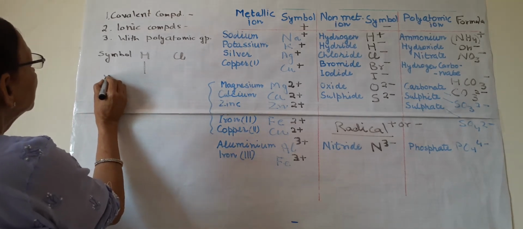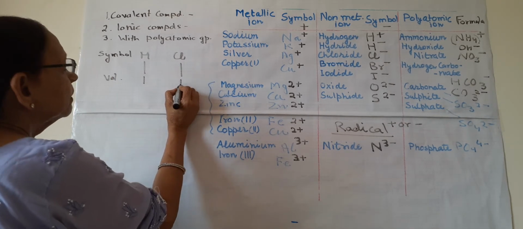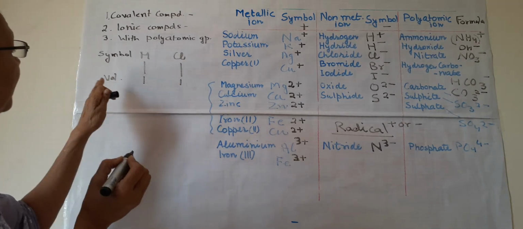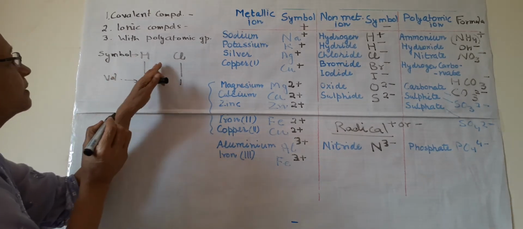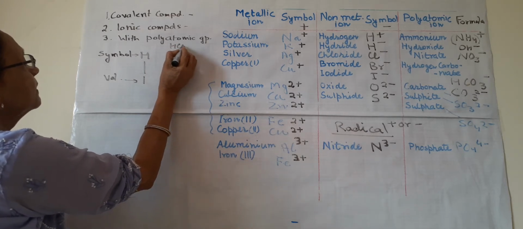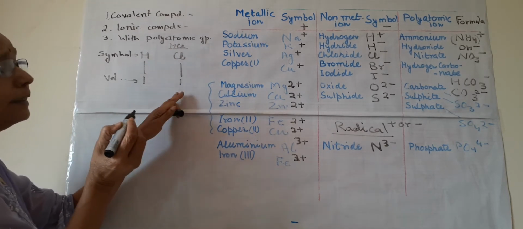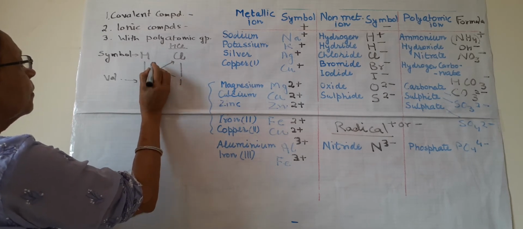The valency of hydrogen is 1, valency of chlorine is 1. We write valencies here and symbols like this. So this is hydrogen chlorine. This is the formula of HCl. These are the valencies. We make a crisscross.